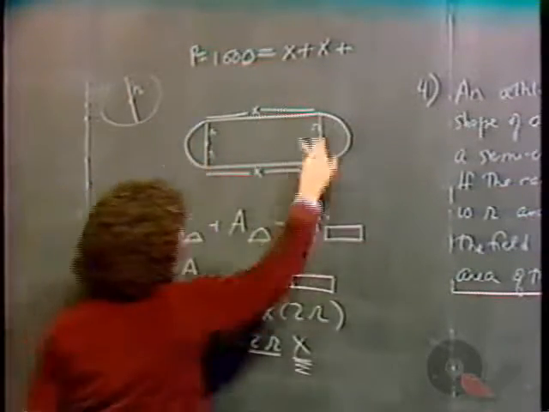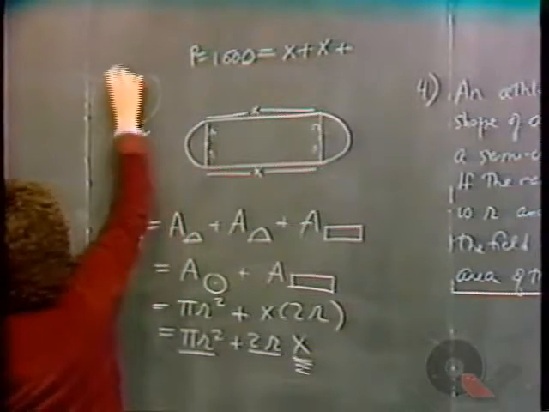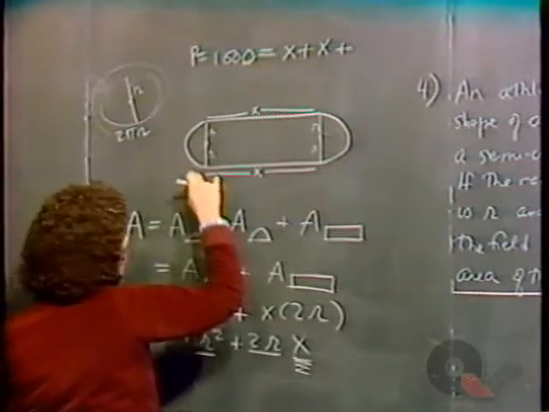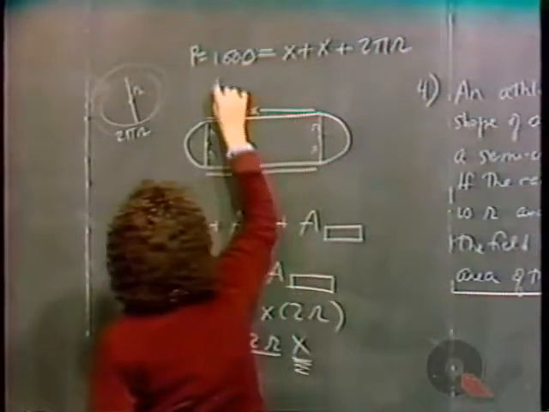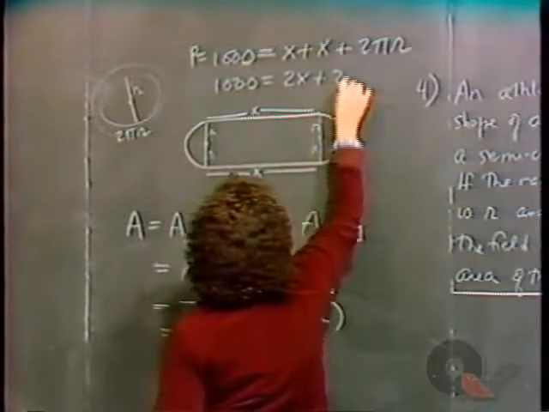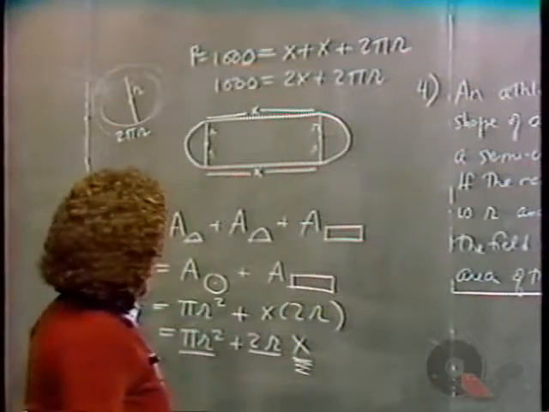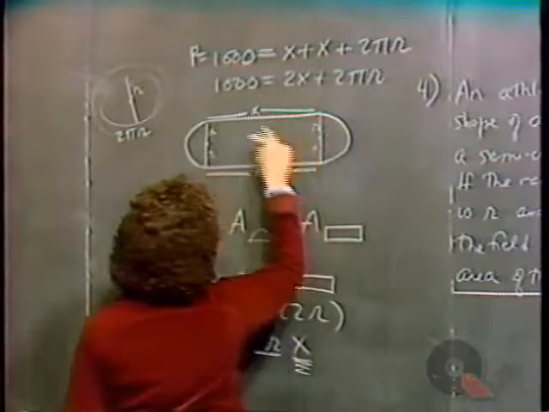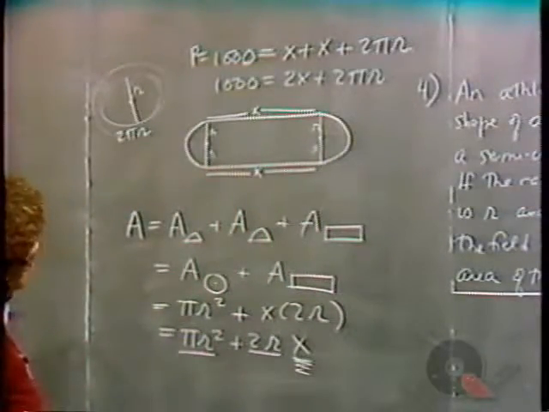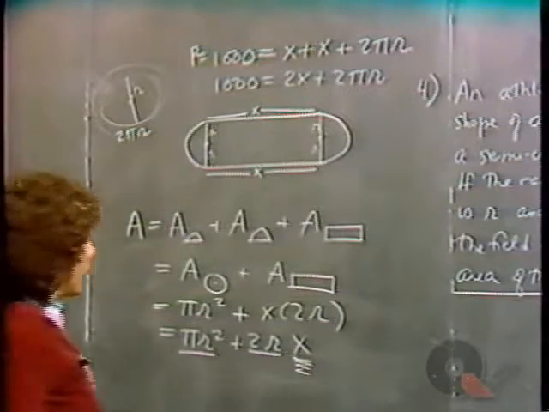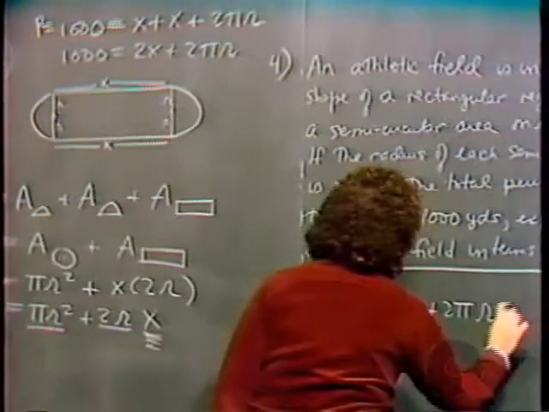The circumference of a circle of radius R is 2 pi R. So we have pi R over here, pi R over there, together 2 pi R. So we have that 1,000 equals 2x plus 2 pi r, and we will be able to solve that equation for x in terms of r.